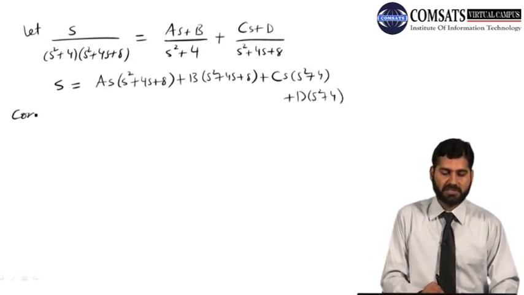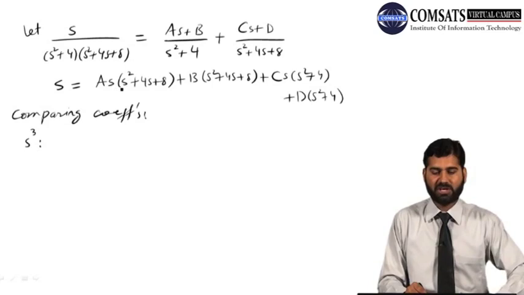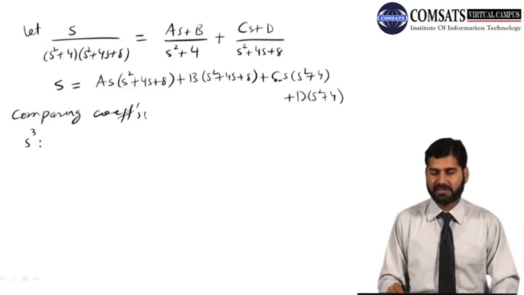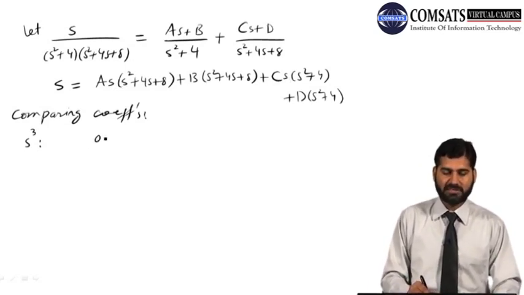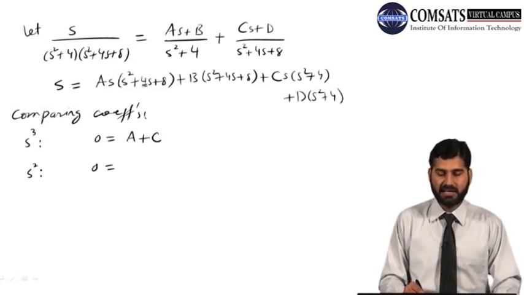Now compare coefficients. Comparing coefficients of s cube, the right hand side has as cube and cs cube. The s cube coefficient is 0 on the left hand side, so you get a plus c equals 0. Comparing the coefficient of s square, it's again 0 on the left hand side.